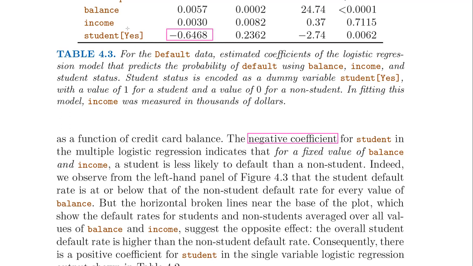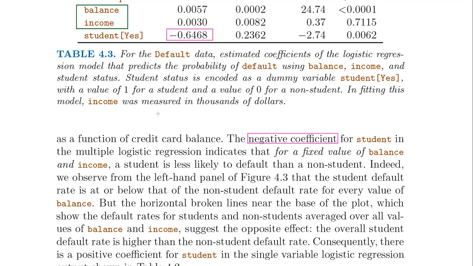So for a specific balance and income, just pick anything, a balance of 1,000, an income of $10,000, a student is less likely to default than a non-student.